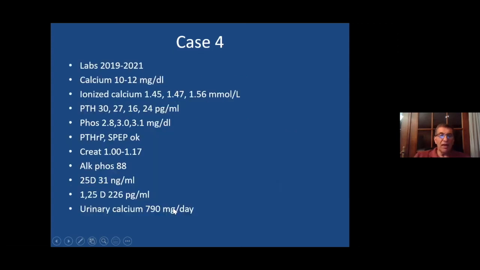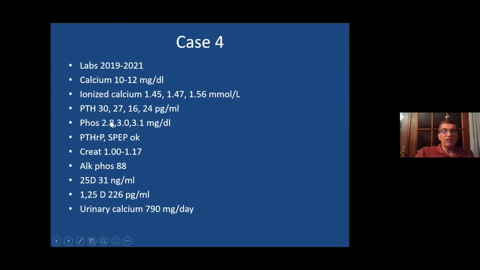Now, I don't have any data between 2011 and 2019, but over the past couple of years, his calciums are 10 to 12, ionized is elevated. Interestingly, the first PTH we got was 30, but subsequent ones were lower. This is at the low end of our normal range. And he's not on biotin, and we studied for heterophile antibodies, and we actually did PTH on a different platform.